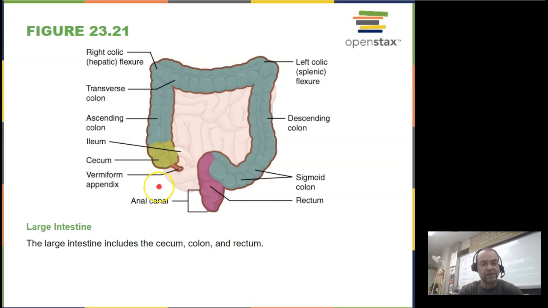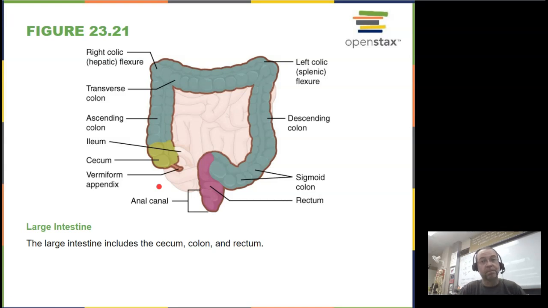And the appendix is useless nowadays. And there's some debate as to what it used to function as in the past, but currently in humans, it's useless. You can die at the ripe old age of 95 and still have your appendix, or at the age of 7 years old, you can have inflammation of the appendix called appendicitis, which is a true medical emergency.